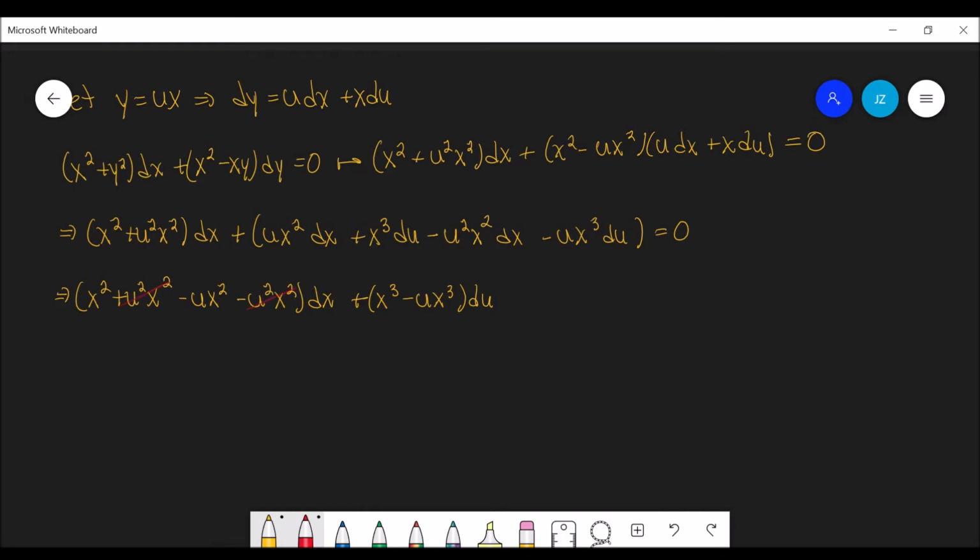The u squared x squareds will cancel out. Factor out an x squared from this first grouping. We have x squared times (1 minus u) dx. We can now factor out an x cubed. We get (1 minus u) du has to equal 0, and so did that up there.